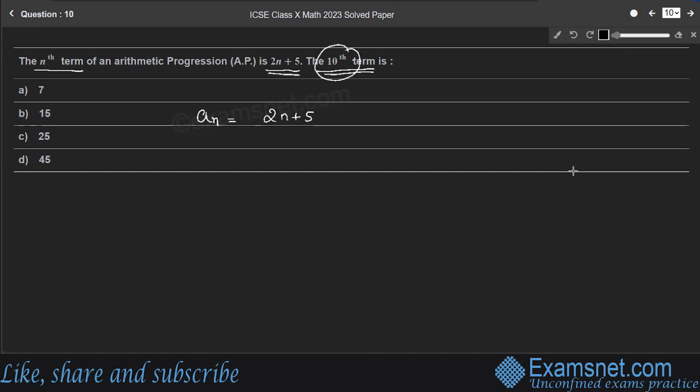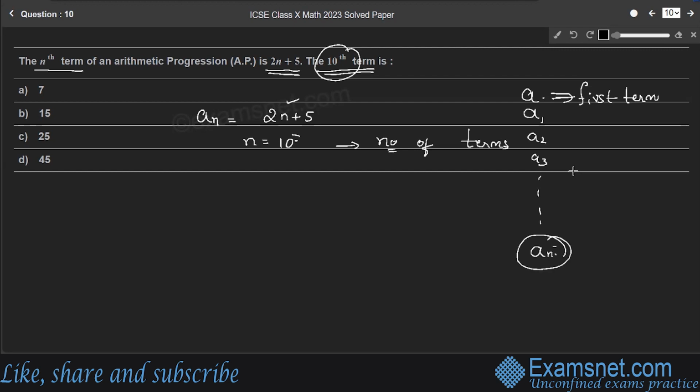N represents the number of terms in an arithmetic progression, whereas a is the first term, or you can consider it as a1. a2 is the second term, a3, and so on up to an, where an is the nth term.